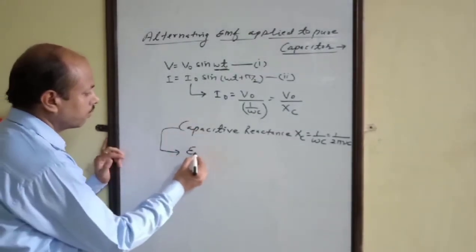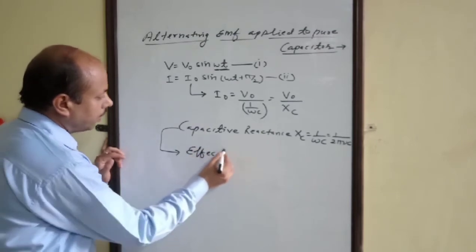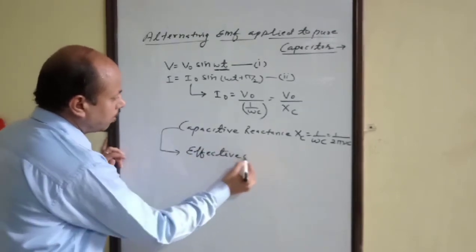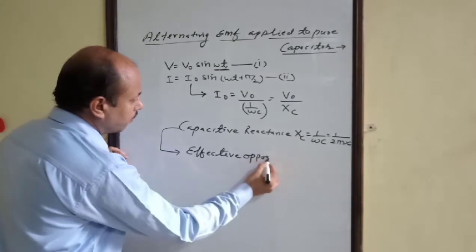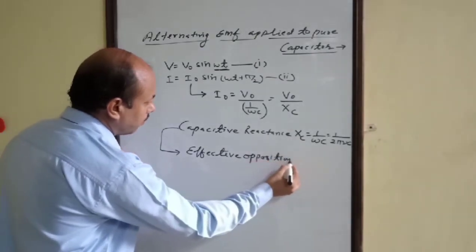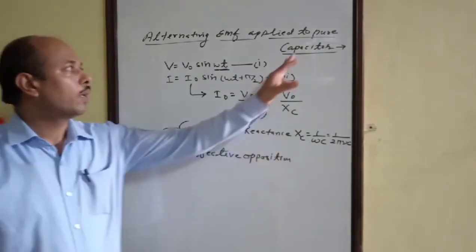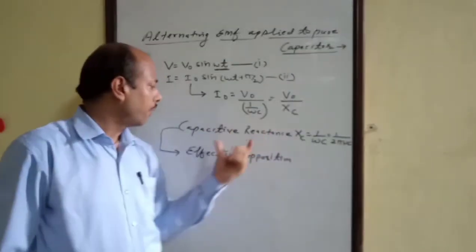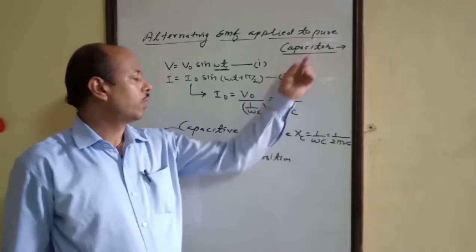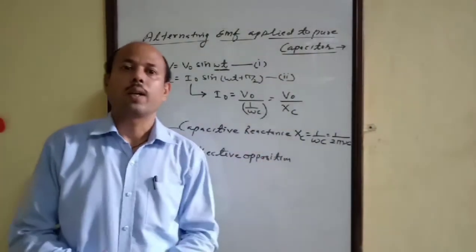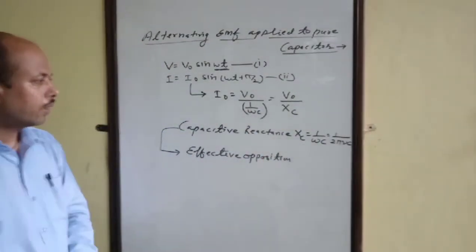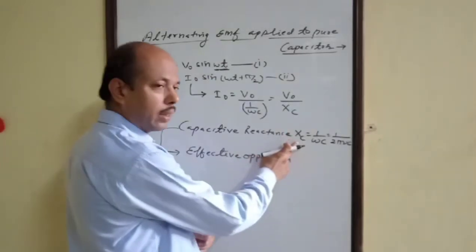effective opposition. Effective opposition offered by a capacitor is known as capacitive reactance. It is denoted by Xc.